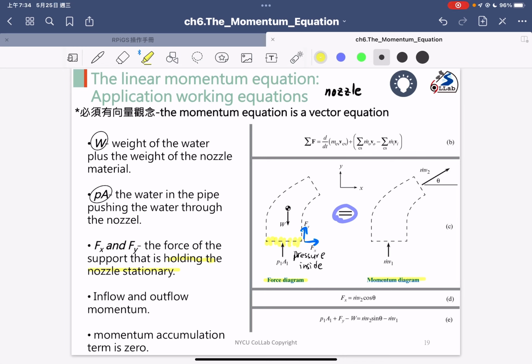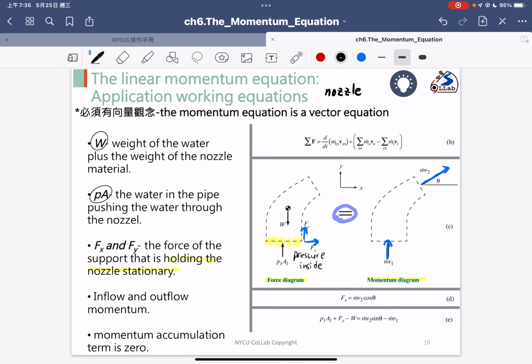As you can see, we have the velocity inflows along these directions, right? And there is some outflow. So in that problem, after we plot the force and the momentum diagram, we can project the vectors into each component to discuss the balance of the external force and the net momentum flow.